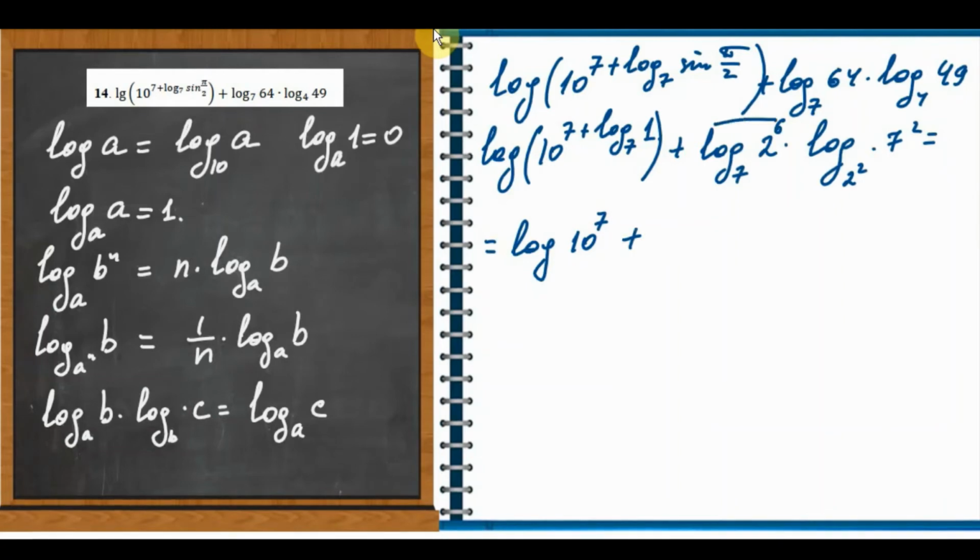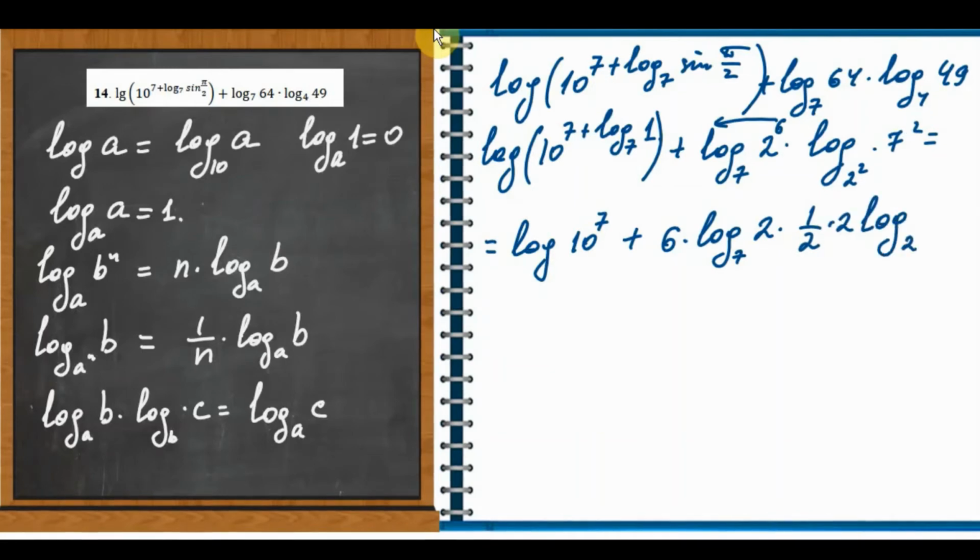Now we can take 6 in front of log, and we will write 6 multiplied by log base 7 of 2 multiplied by, from this 2 we can write 1 over 2, and according to this power we will write multiplied by 2 log base 2 of 7.